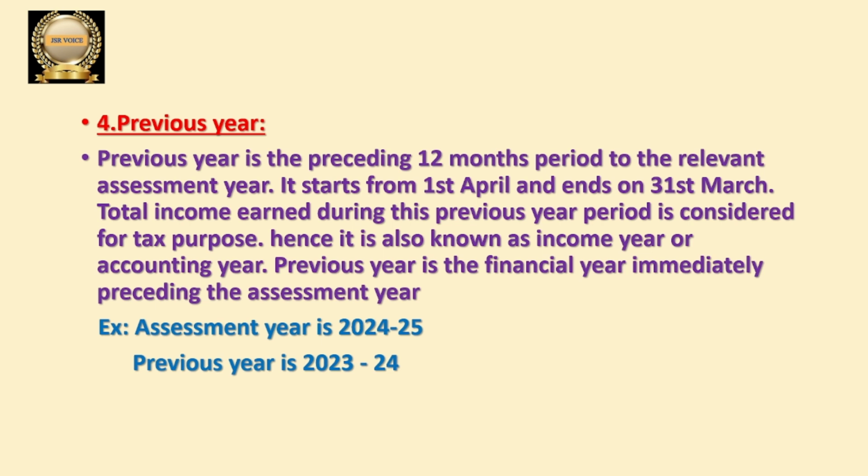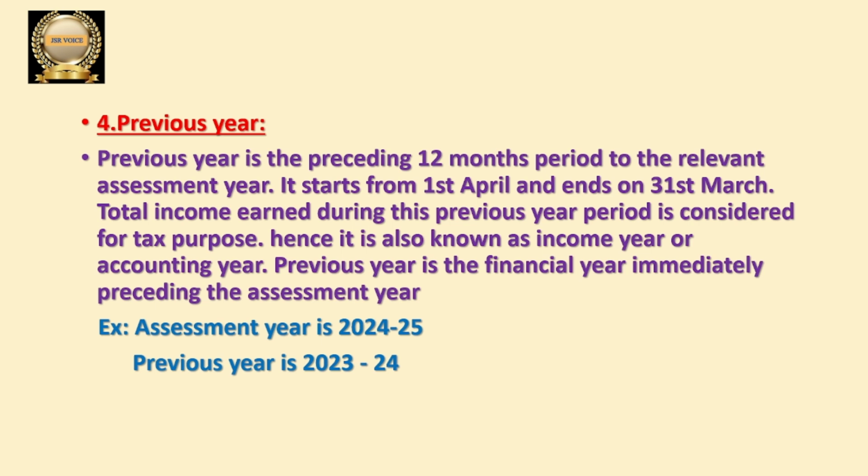So what is actually the difference between previous year and assessment year? If any person earns income during the previous year, he should pay tax in the assessment year. Whatever income he earns, whatever profit he gets during the previous year, on that he should pay tax in the assessment year. So assessment year means tax paying year, previous year means income earning year.